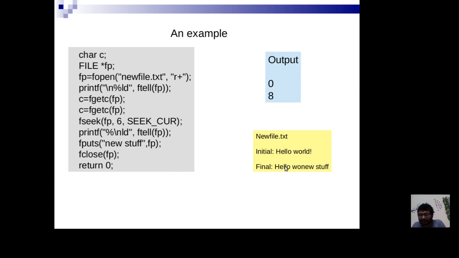So what happens is you first go to the 8th position, so you skip over 8 characters: 1, 2, 3, 4, 5, then the space 6, then 7 W, and O is 8th. And after that you can see "new stuff" has been written here, and that overwrites whatever was before. And this is what the final content of the file is going to be. Okay. Thank you.